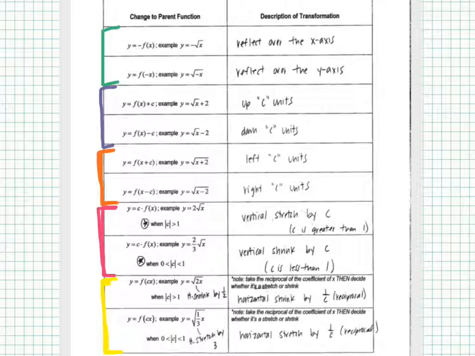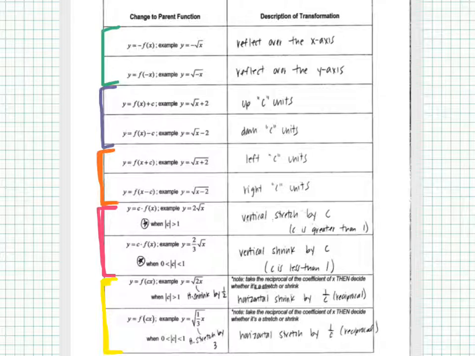So these numbers are going to occur on the inside of the function. And again, anything that happens on the inside of the function behaves the opposite from how you think it would. So for the first example, if we have a number that's greater than 1 inside the function, so the example is square root of 2x, that 2 is actually going to be a shrink.